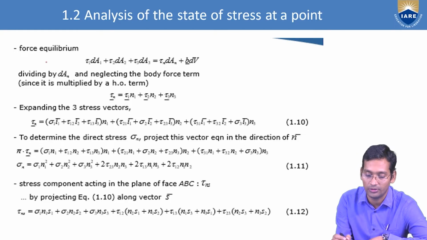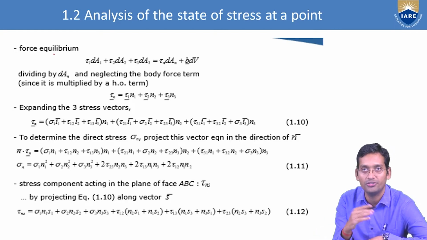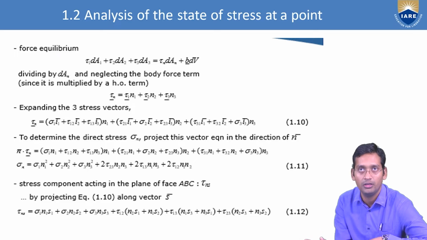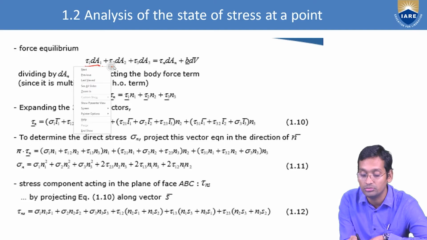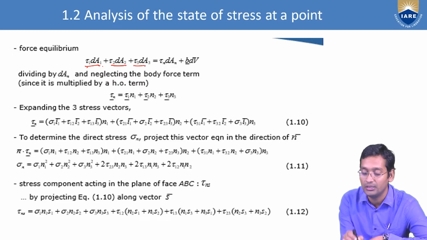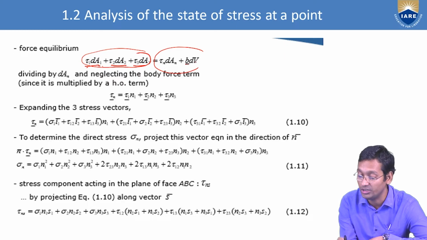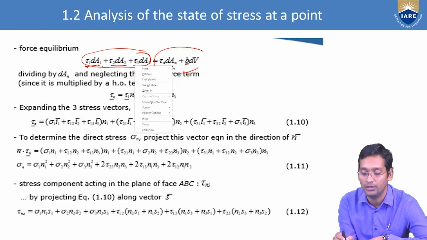So again, the force will be in equilibrium when all the forces acting on the sides are equal. So here what is acting? Tau 1 dA1 on one side, then on the second face, tau 2 dA2, and tau 3 dA3. These sum must be equal to the volumetric body force times dV plus tau n dAn.